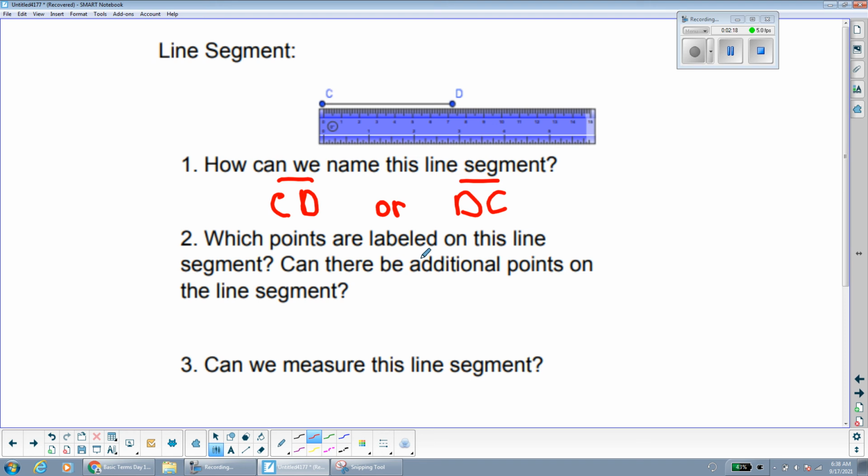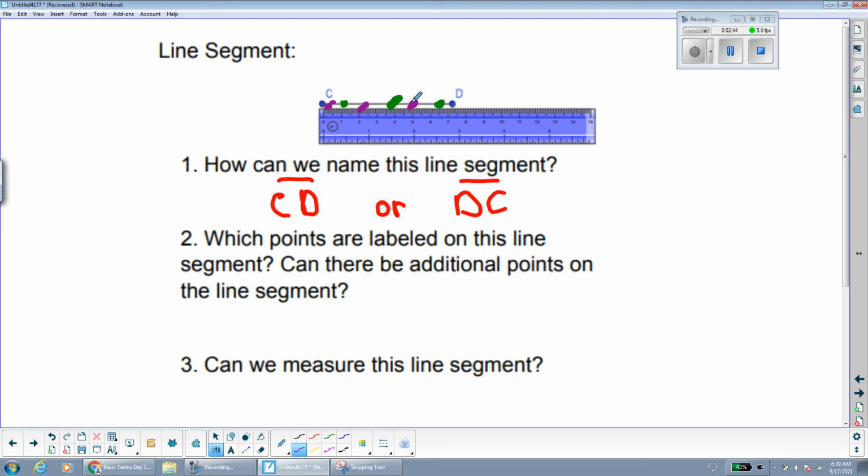If you said that there could be other points on this line segment besides just points C and D, well, you are absolutely correct. If we wanted to, we can make another point right here on line segment CD. We can make another point over here, and another over here. And if we wanted to put a point in between the first and second, we could. In between the second and third, we could. We could put a point over here.